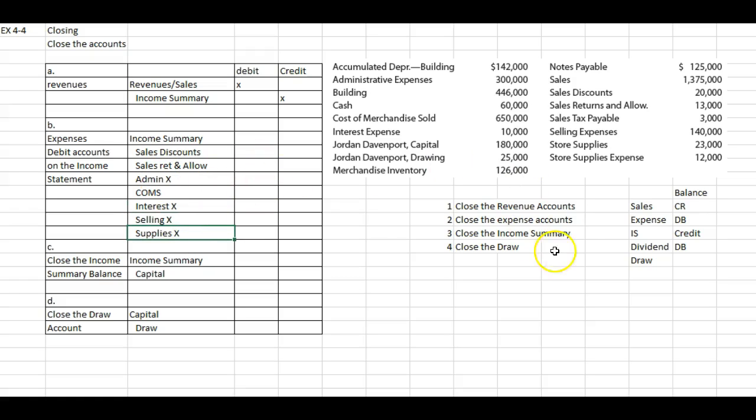So those all have debit balances. We want those at 0, so we have to credit them. And to do that, you would first start the transaction with pulling this over. Sales discounts are 20,000, correct?